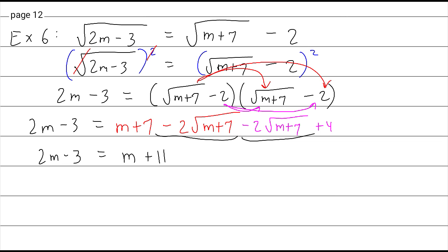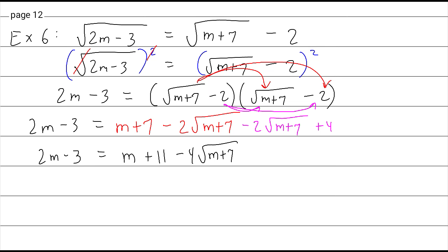There's two of those. You know if that were negative 2x minus 2x, that would just be a negative 4x, right? So in this case, instead of x, this is like the variable, the square root of m plus 7. So in other words, this is minus 4 times the square root of m plus 7.